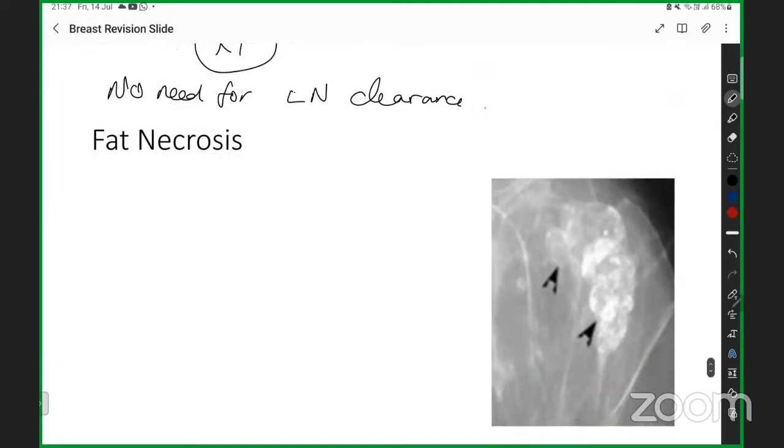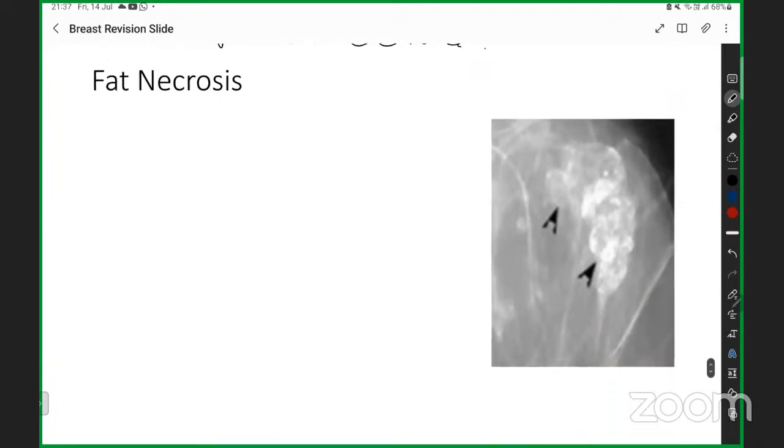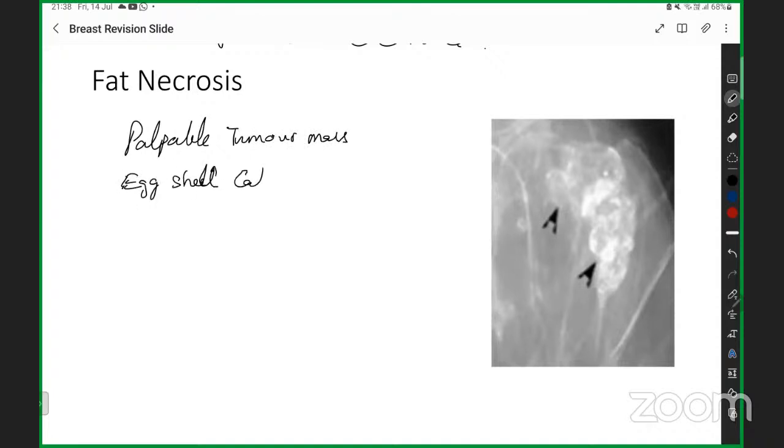As I told you, fat necrosis, you just have to know what this given picture is. How do you differentiate it from the phylloid tumor? Remember, fat necrosis is going to be a palpable tumor mass. Number two, this will look like an eggshell calcification.